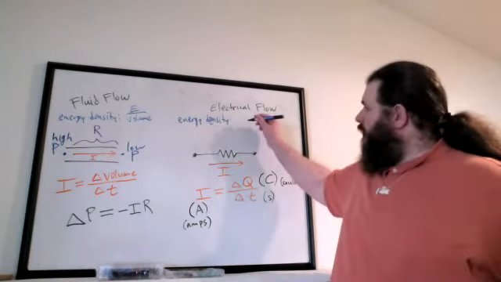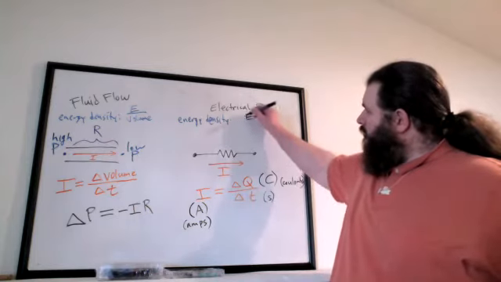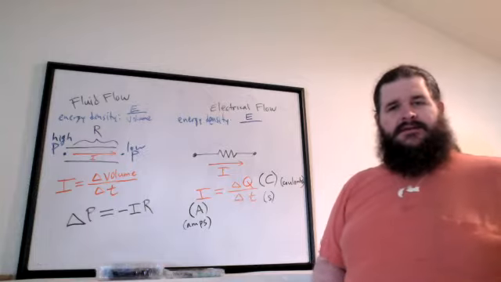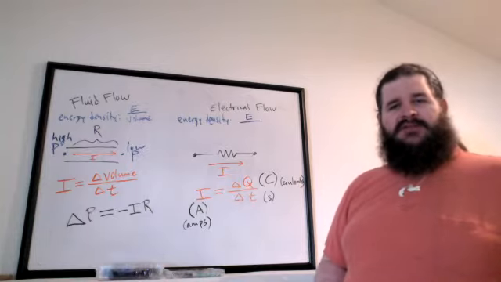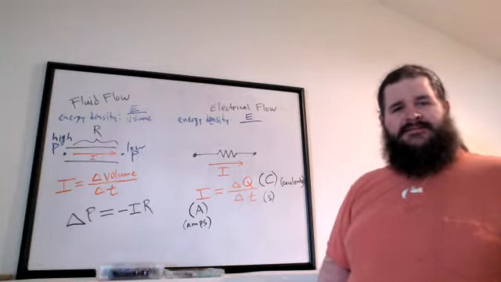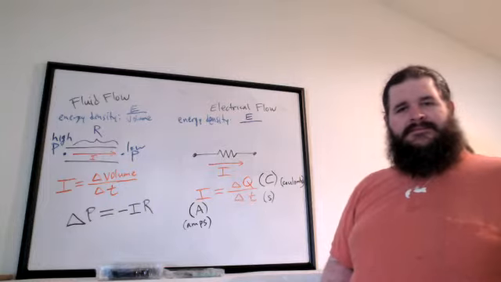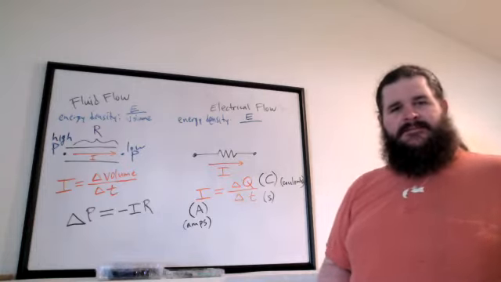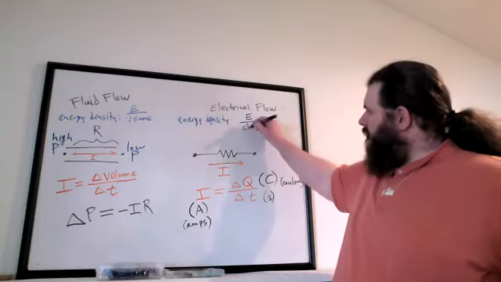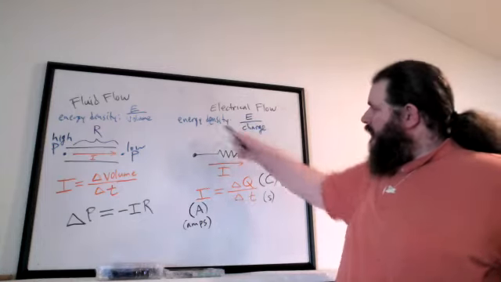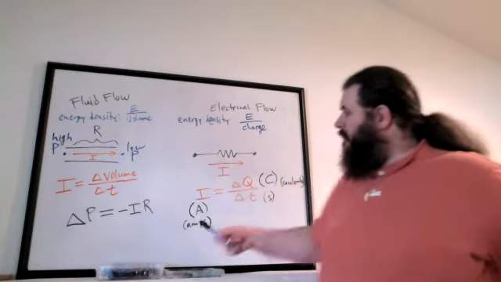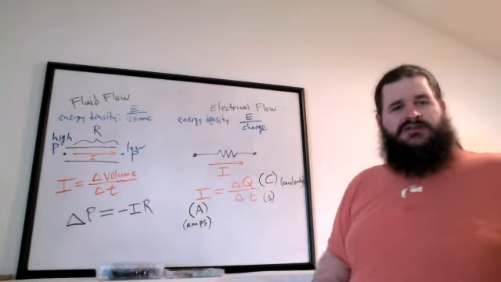So those are all energy densities. For electrical flow, though, again, we're not describing this in terms of volume. We're describing this in terms of what? How do we describe how much electricity? What are we using instead of volume in these equations? Is it charge? Yeah, we're using charge. So energy density for electrical systems is defined not as energy per unit of volume, but energy per unit of charge.